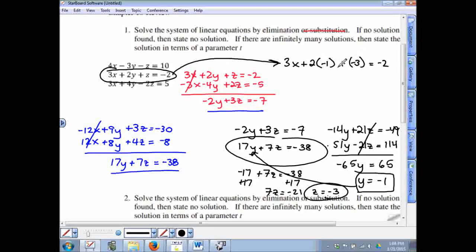If you combine -2 with -3, you get -5. So we have 3x minus 5 equals -2. Add 5 over, and you get 3x equals 3. So x equals 1. You do need to represent your solution as the ordered pair 1, comma -1, comma -3.